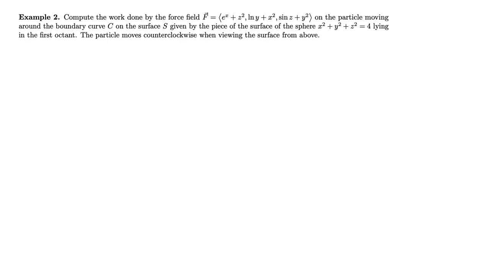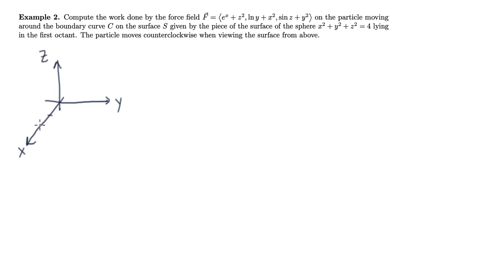Alrighty, so now we're trying to find the work done by this force field. So that's just a line integral on the particle moving along the boundary curve of this surface. So it's the piece of the sphere, looks like a radius 2. Let's sketch the region real quick.